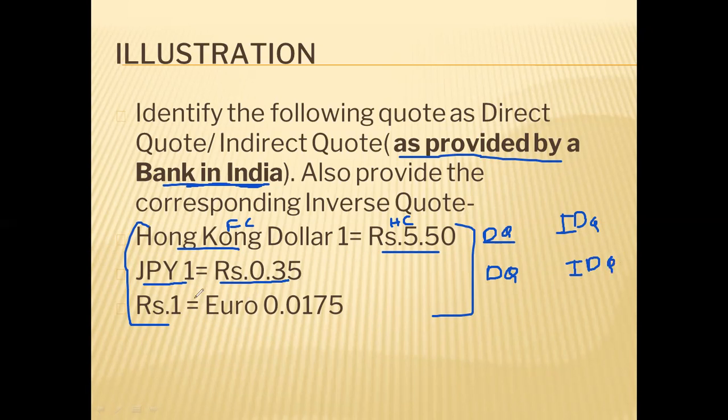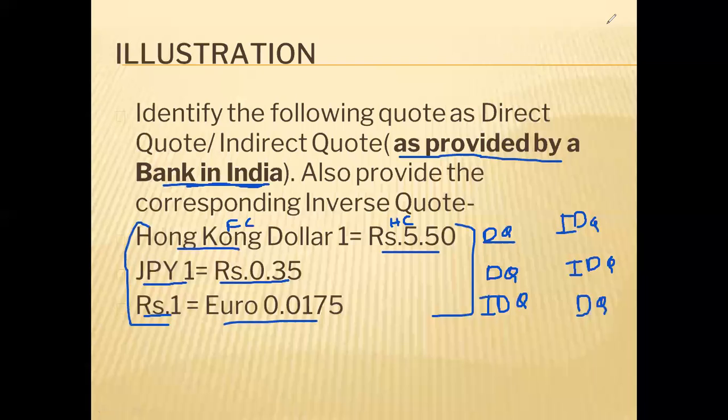Now see the last quote: 1 rupee is equal to euro. Left-hand side home currency, right-hand side foreign currency. So this will be an indirect quote. For this, the inverse quote will be a direct quote. So these two things you have to find in this illustration.